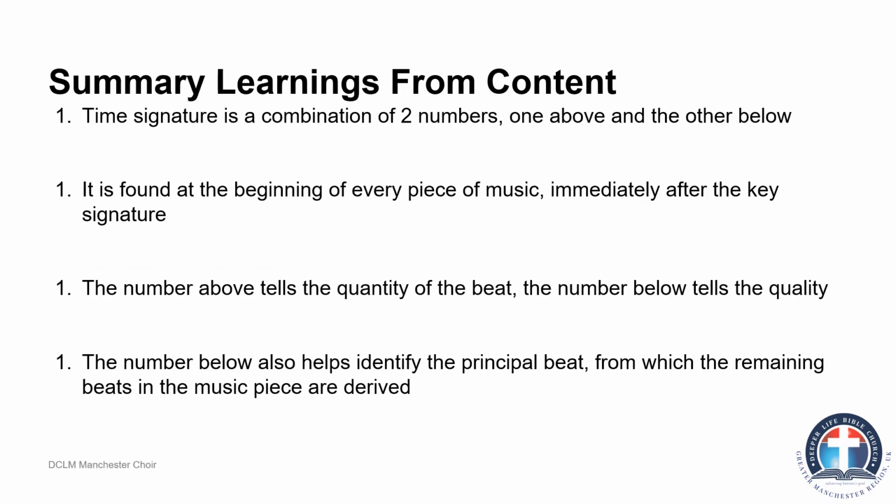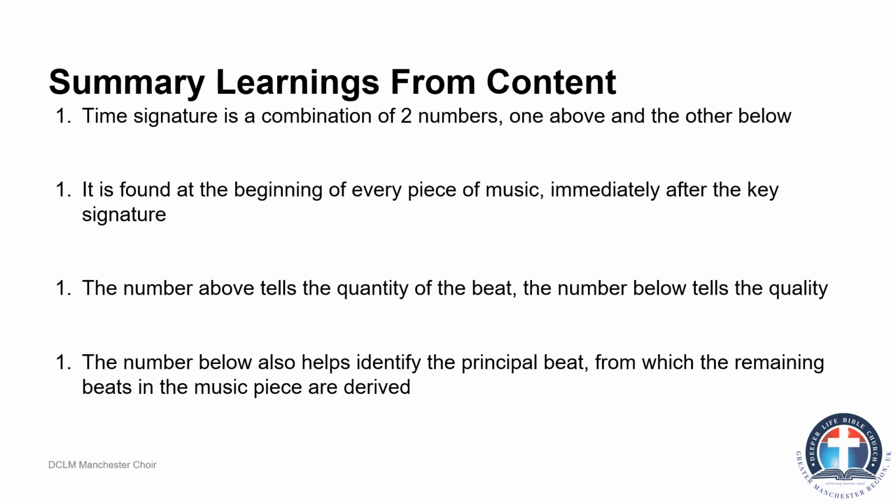In summary, we've learned that a time signature is a combination of 2 numbers, one above and the other below. We also said that it is found at the beginning of every piece of music, immediately after the key signature. Usually when you have a piece of music, you have the clef, either treble or bass. The next thing you have is the key signature, so you'd have either flats or sharps.